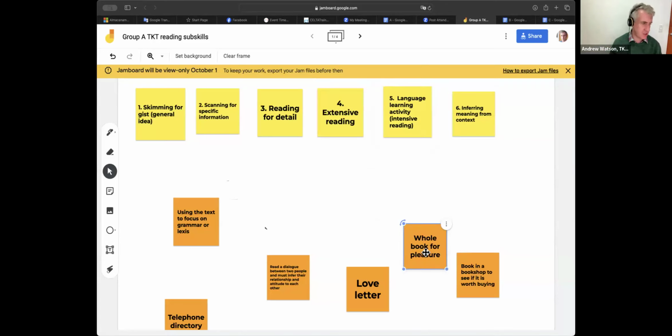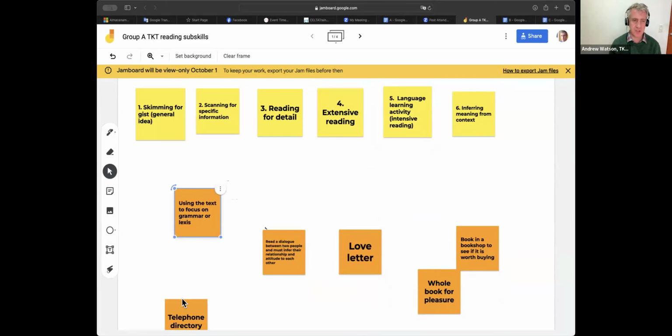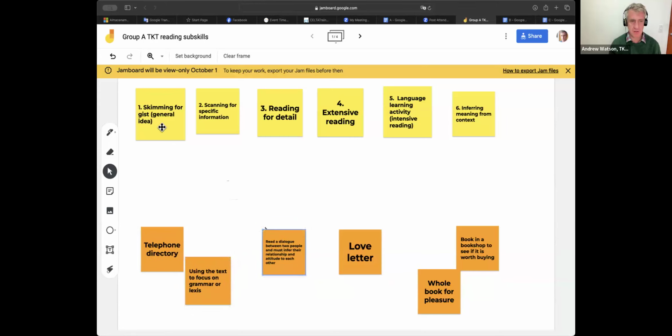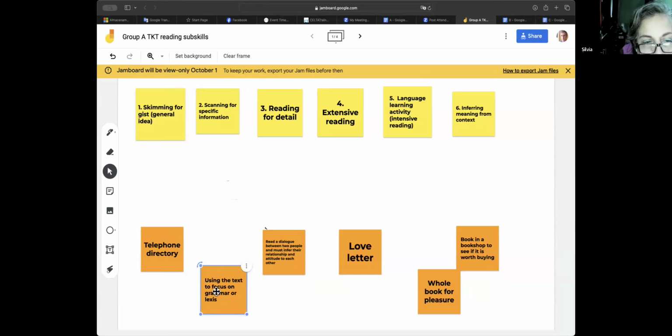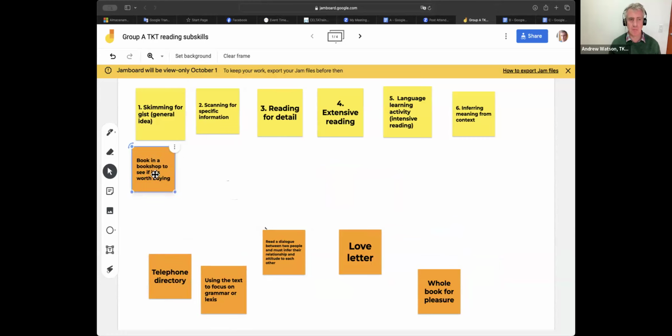So I'd like you to think of an example of the type of text that we might typically read using these subskills. Okay, so I want you to match them. I'll give you the first one as an example. Book in a bookshop to see if it's worth buying.